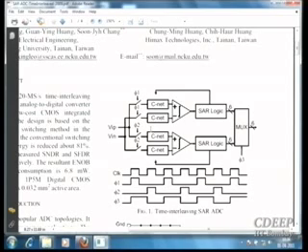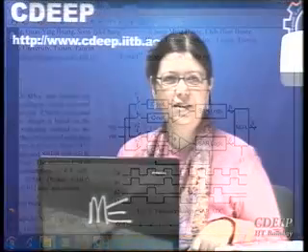Research director, manager, something, a couple of months ago. He is designing this kind of SAR ADC with time interleaving architecture to generate good resolution as well as good speed. This is one way of improving the speed of a SAR ADC.